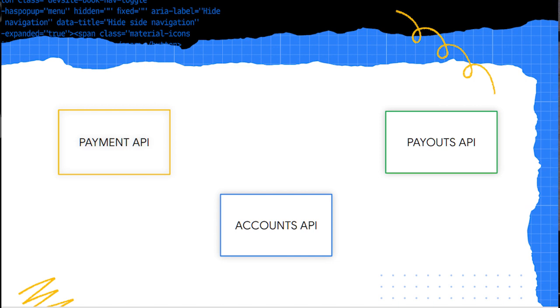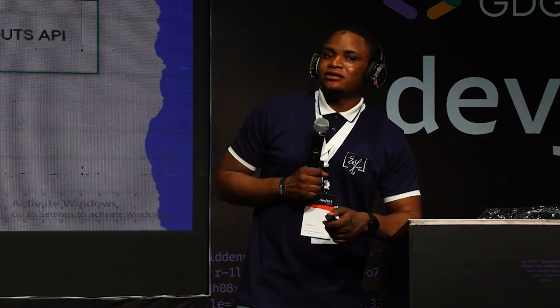So what does Circle provide? Circle gives you a payment API that allows you to integrate a payment system into your application. Circle also gives you a payout API. The payment API allows you to accept traditional payments. So if you are building a platform and your users do not really understand connecting their wallet and all of that, it's fine.